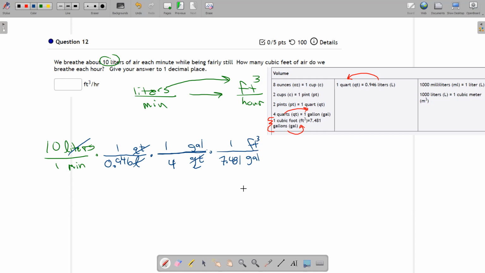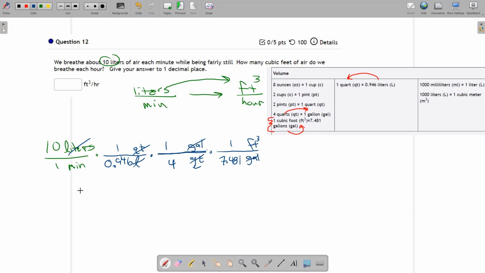That fact always blew me away. Think about the size of a box that's 1 foot by 1 foot by 1 foot, and then think about a gallon of milk. And you could pour 7.5 gallons of milk into a 1 foot by 1 foot by 1 foot box. Cool. All right, so that gets rid of gallons and gets me to cubic feet.